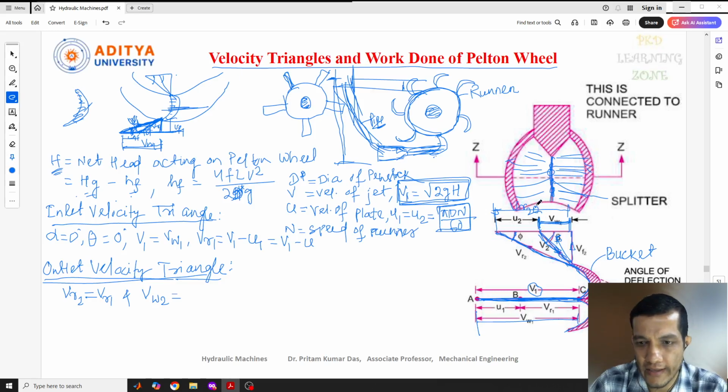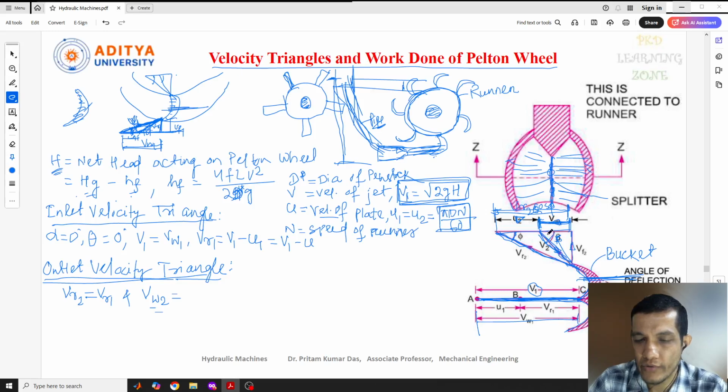And what I have written here as VW2 means this much distance, in this direction, and this U2 direction will be this one. U is the velocity of plate, and always keep in mind, after striking, the plate will be moving in this direction.